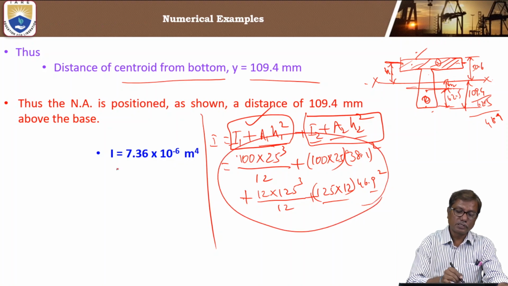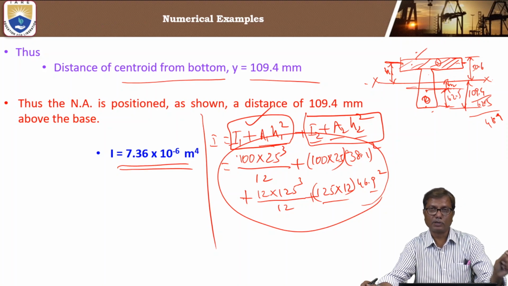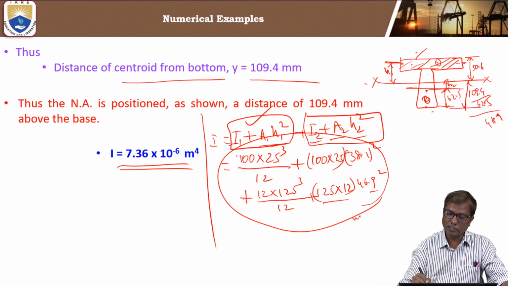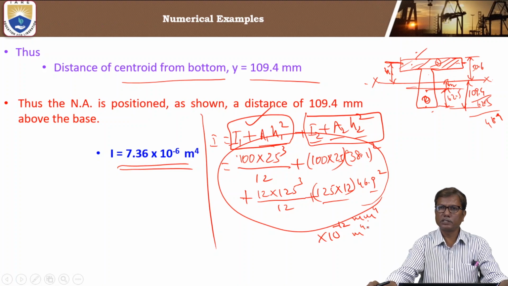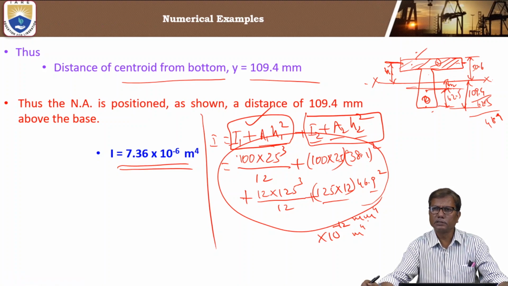This comes out to be 7.36 into 10 power minus 6 meter power 4. You actually get it in millimeter power 4, multiplying with 10 power minus 12 to convert it into meter power 4. 1 millimeter is 10 power minus 3 meters.